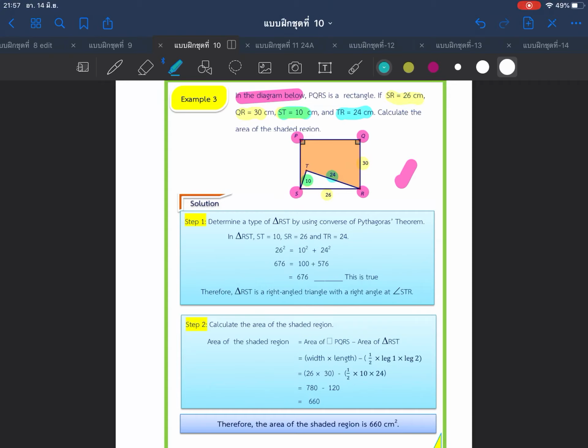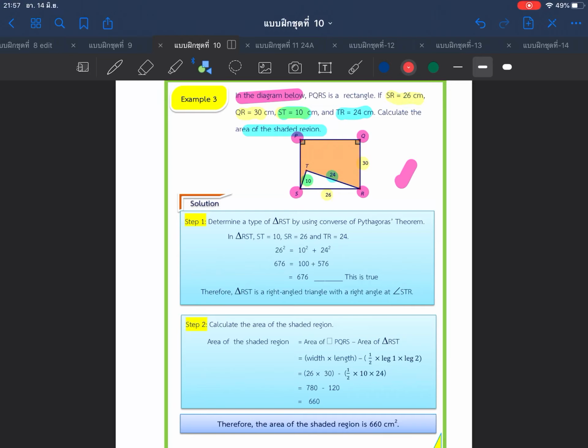Okay, they want us to find the area of this shaded region. So first, you need to think about that. The area of the shaded regions must equal the area of the rectangle with the dimensions of 26 and 30. I drew the wrong one, so let me erase first.